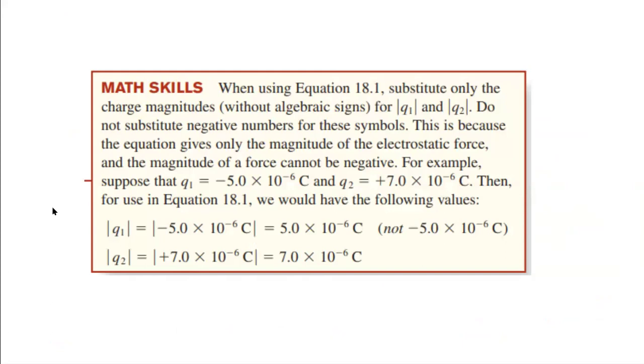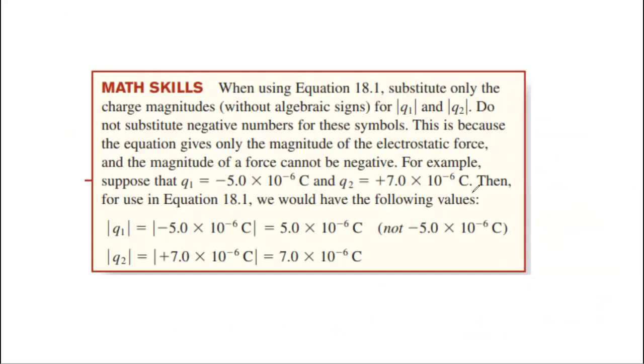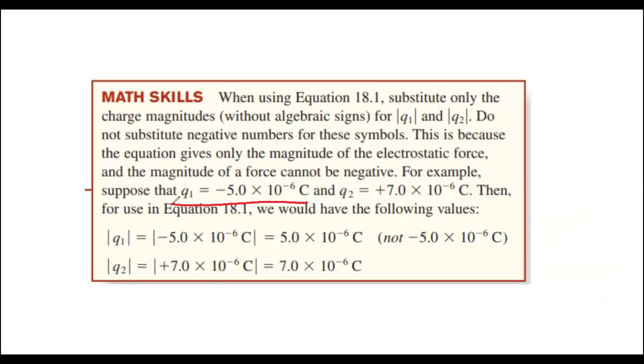Now let me get rid of all of these, hoping everything is making sense so far. Now let me give you an example. Let's say you have a question on an exam where your teacher gives you q1 is minus 5 times 10 to the power minus 6 and q2 is 7 times 10 to the power minus 6. What does this mean? When you put q1 in these lines, which we call the magnitude, with this negative sign in between these lines, the answer that comes out is positive.